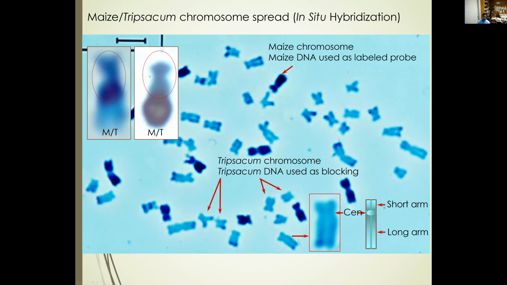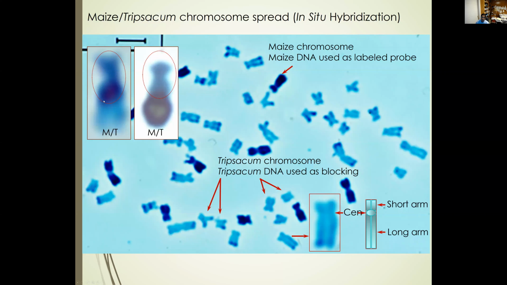When I showed this slide to a few of my colleagues and said, look, this is probably a Tripsacum segment introgressed into a maize chromosome, everyone else said it's probably an artifact. Then I didn't say anything to them. I went back to the greenhouse, collected more roots, and did the reciprocal way, the opposite way, to probe it. Here I use the Tripsacum DNA and the maize DNA as a labeled probe.